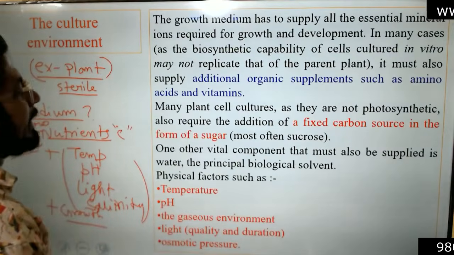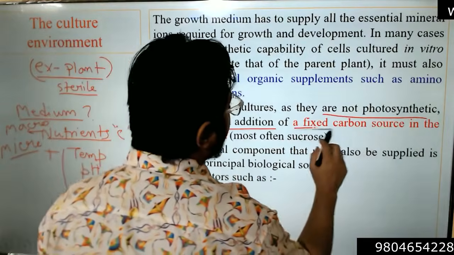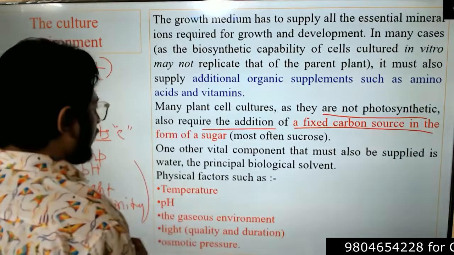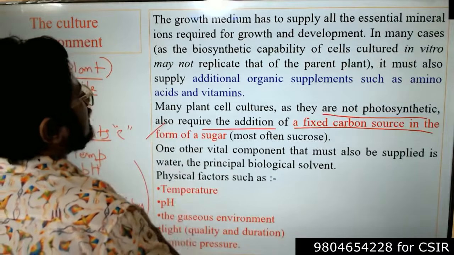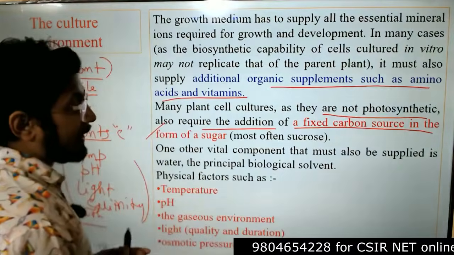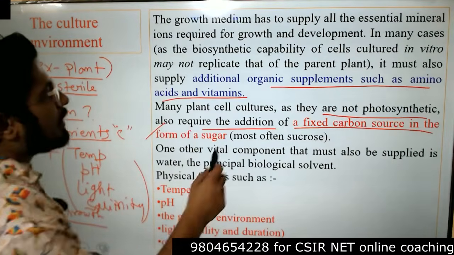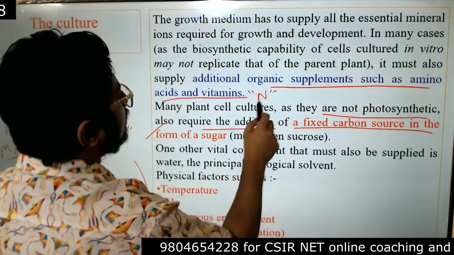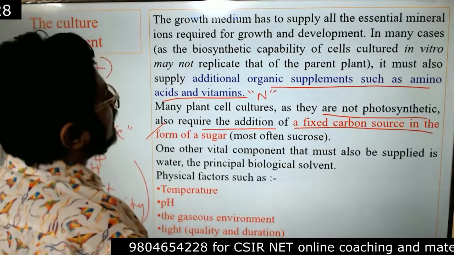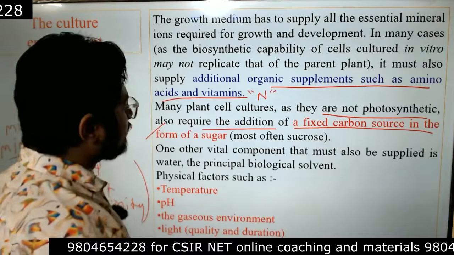So many plant cell cultures, as they are not photosynthetic, also require the addition of a fixed carbon source or sugar. Apart from sugar, sometimes you also need to add organic supplements such as amino acids and vitamins, which are rich in nitrogen. So these are nitrogen sources; amino acids and vitamins are sometimes needed for the enzymes to work properly.